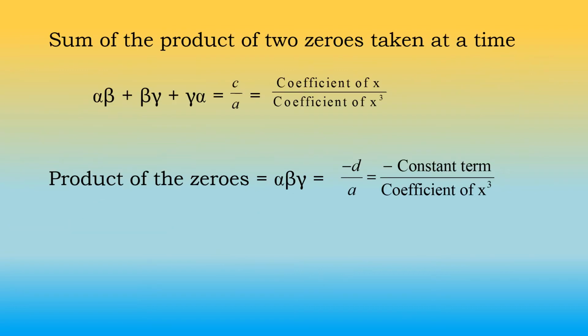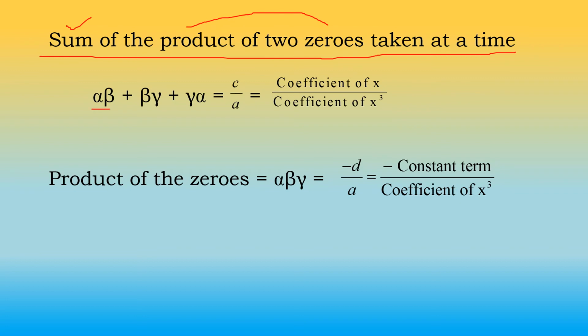Here we have the second relation. What is the second relation? The sum of the products of two zeros taken at a time, which means alpha into beta plus beta into gamma plus gamma into alpha.